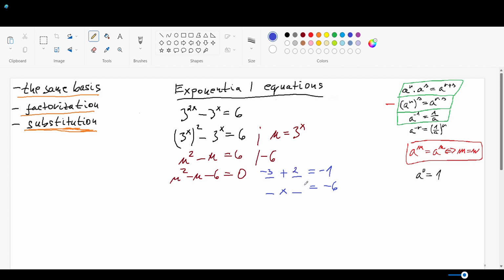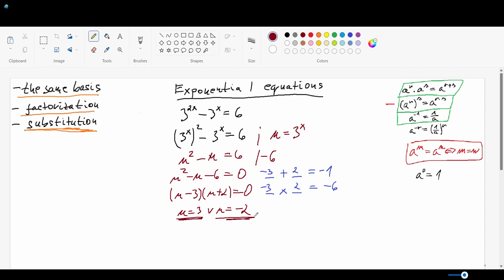Because -3 plus 2 is -1, and -3 times 2 is equal to -6, which means you can now simplify the quadratic equation like u take away 3 times u plus 2 is equal to 0, and as you already know, the product of two factors is equal to 0 if one of them is equal to 0, which means u must be equal to 3 or u must be equal to -2.